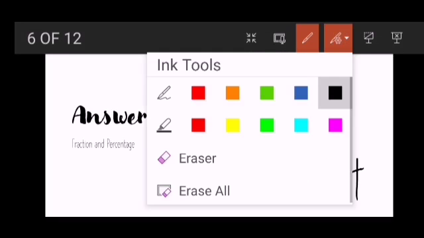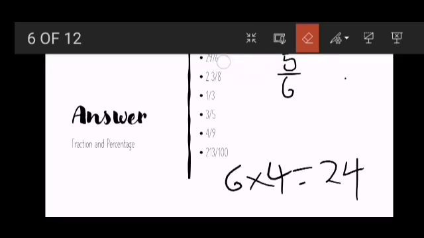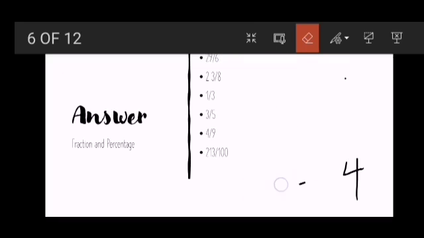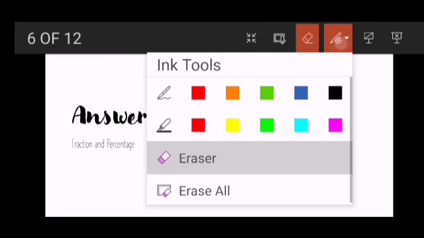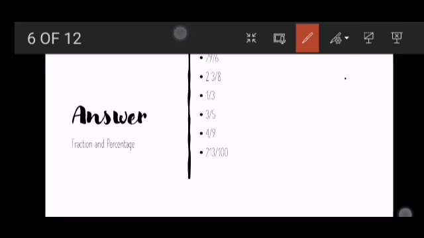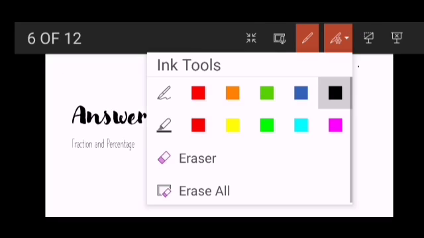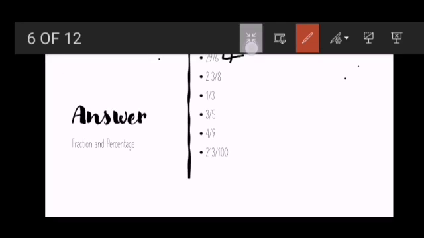Let's clean that up please. So the answer there, I'm just going to write that really well so you can see it very well. It's going to be 4 whole number 5/6.